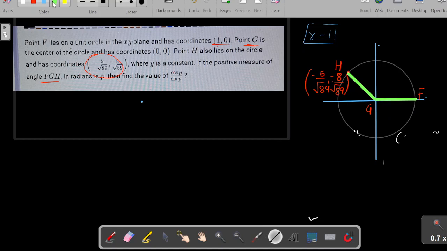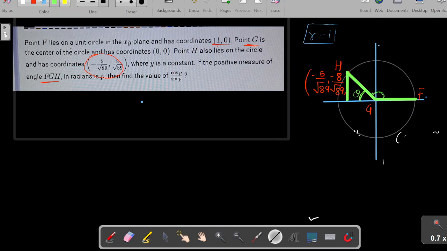Now we know that we cannot find these trigonometric ratios using an angle that is more than acute. We always look for the acute angle whenever we are finding trigonometric ratios, right? So this cannot be theta. Here I have an acute angle, so I'll consider this as theta and draw a perpendicular line here.